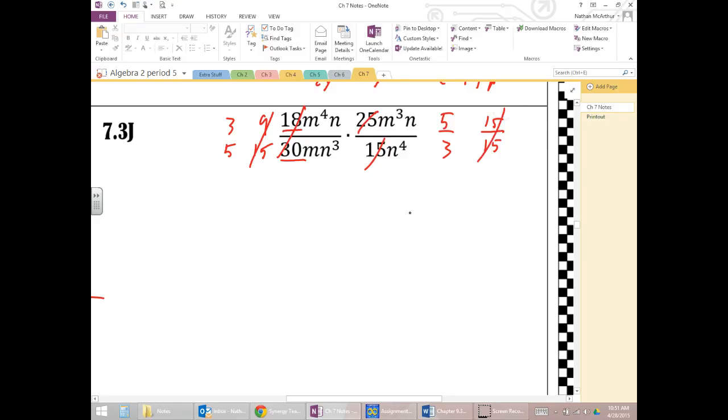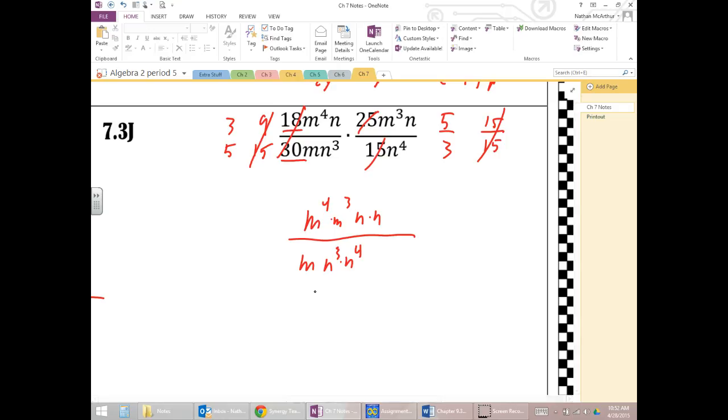That's kind of cool. So that means I'm left with m to the 4th, that's not to the 4th, sorry, m to the 4th times m to the 3rd, and n times n on the top. On the bottom, I have m, n to the 3rd times n to the 4th. The numbers all reduced. They're all gone.